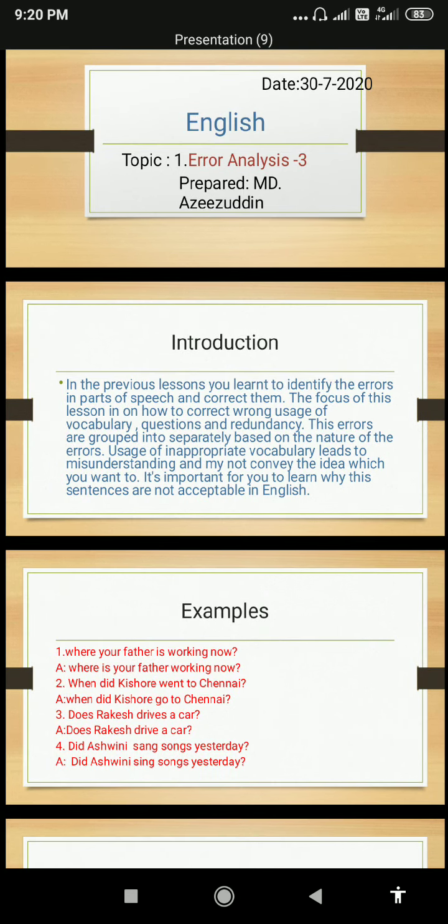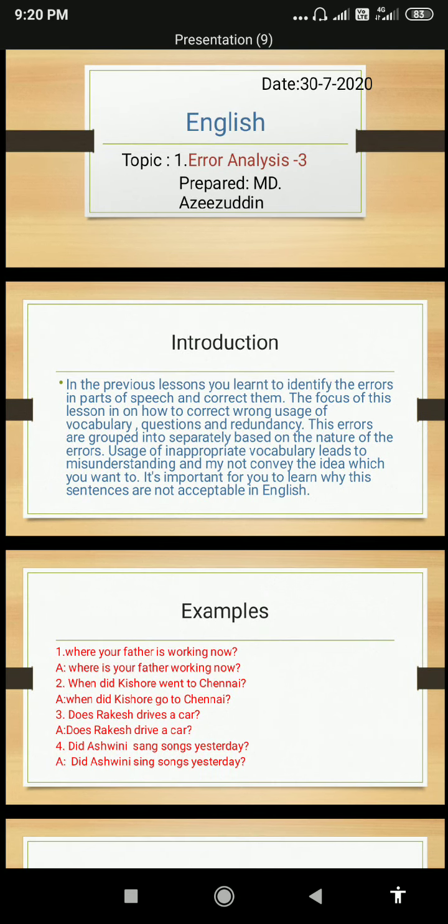Usage of inappropriate vocabulary leads to misunderstanding and may not convey the idea which you wanted to. It is important for you to learn why these sentences are not acceptable in English.